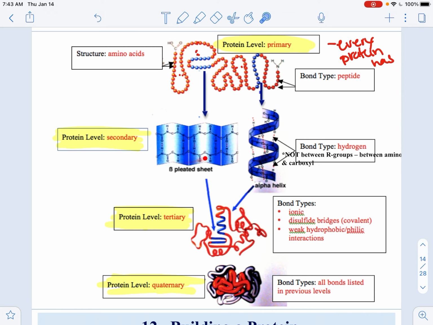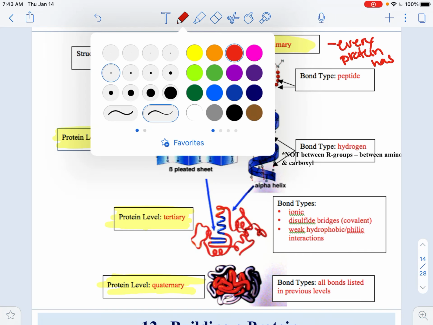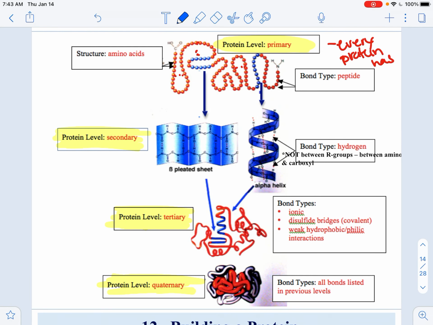And then there's 2 levels of secondary structure. That amino acid chain can twist into what we call a helix. Okay, it's called an alpha helix. It's kind of like the picture of starch we did, or a beta pleated sheet. It kind of looks like the amino acid chain folds back and forth like that.